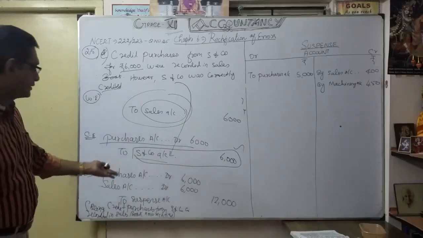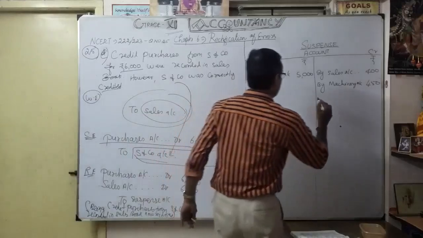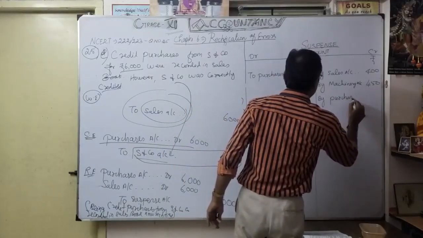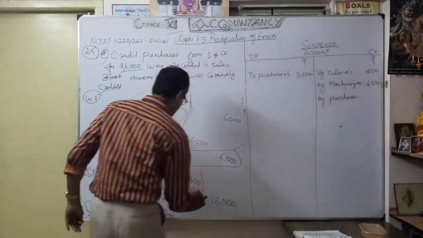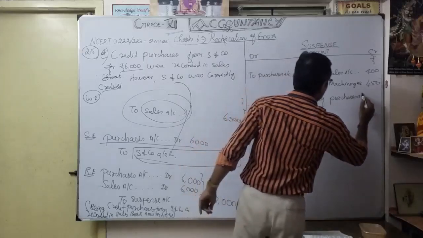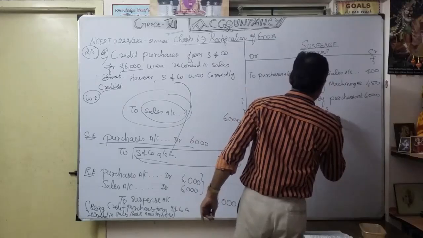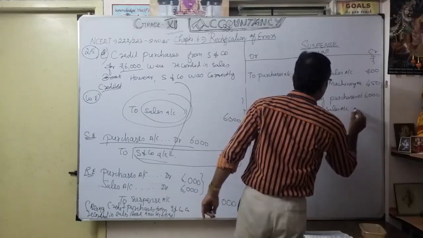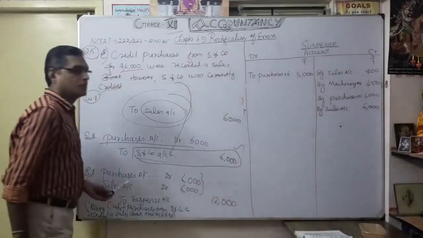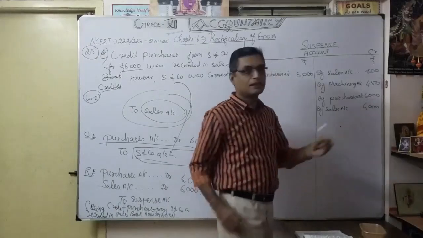So how to write it in the suspense account? The suspense account, anyway, you want to credit now. So by purchases account 6,000, by sales account 6,000. This is the two parts we are going to write. Here in the suspense account we got the amount, now we are going to credit it by purchases account 6,000, by sales account 6,000.